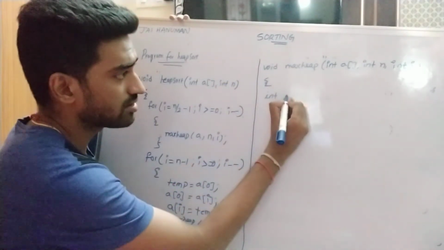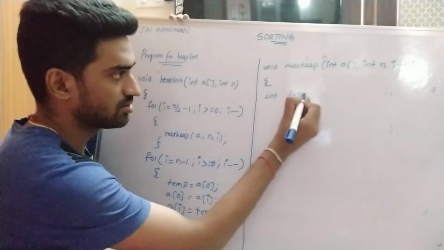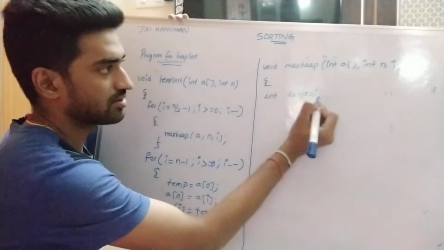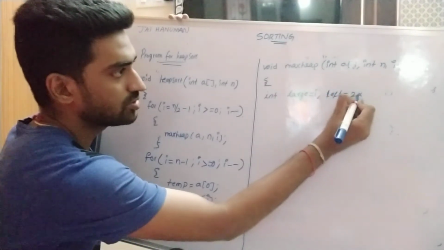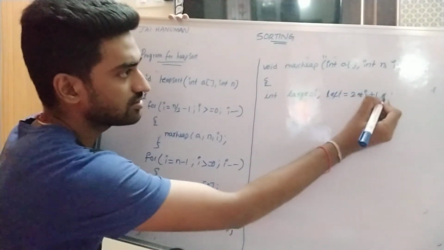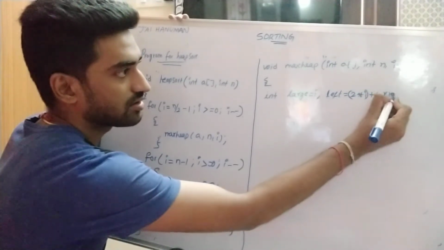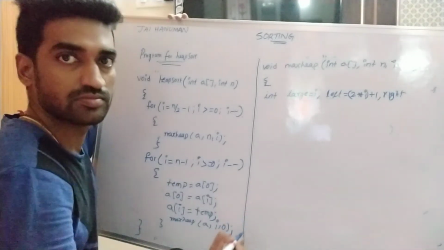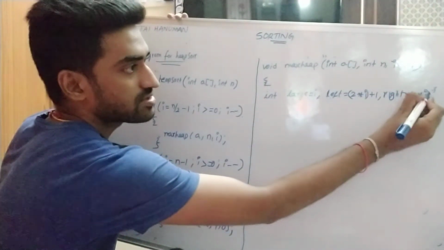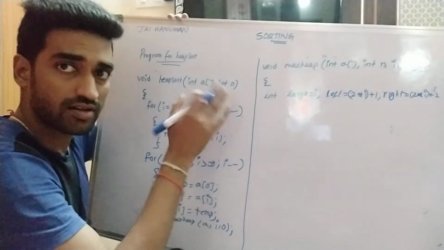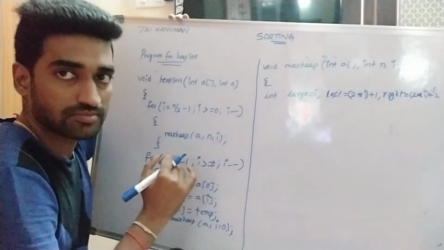What are the values? large is equal to i, left is equal to 2 into i plus 1, right is equal to 2 into i plus 2. These steps are already discussed in the algorithm as well as tracing, right?